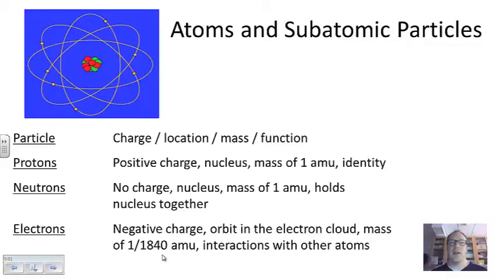They are about 1/2000th, more precisely 1/1840th, the mass of protons and neutrons. So if you have 1,840 electrons, that would add up to the same mass as one proton or one neutron. And it is the amount of electrons and where those electrons are in an atom that's going to determine how one type of atom might interact with another type of atom, or whether or not it would interact or react at all.